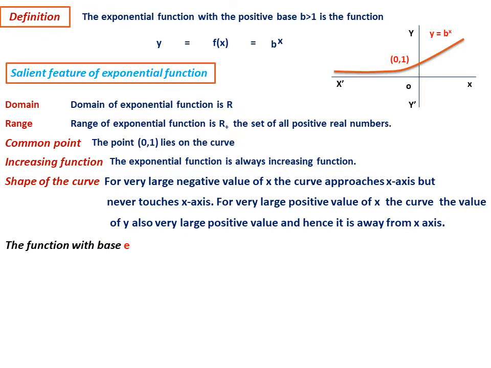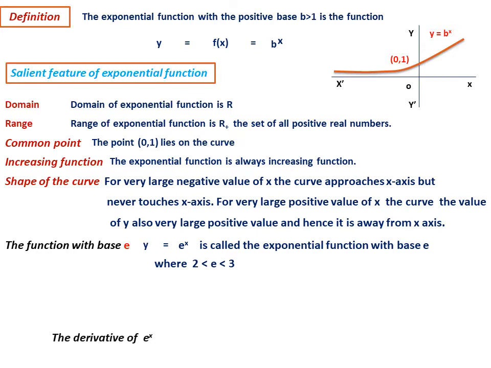The function with base e, that is y equal to e power x, is called the exponential function with base e. So this is actually the natural base e, where e is an irrational number and its value lies between 2 and 3.